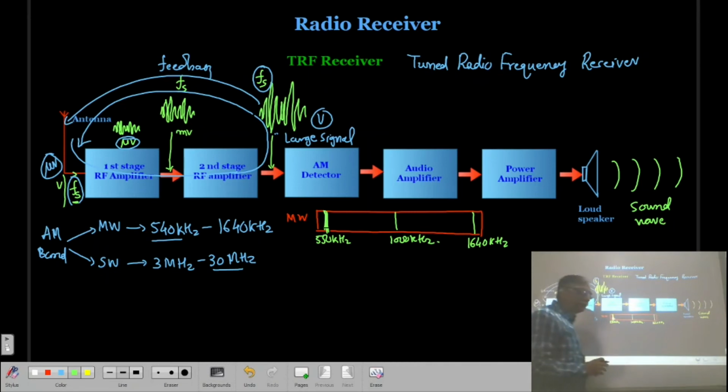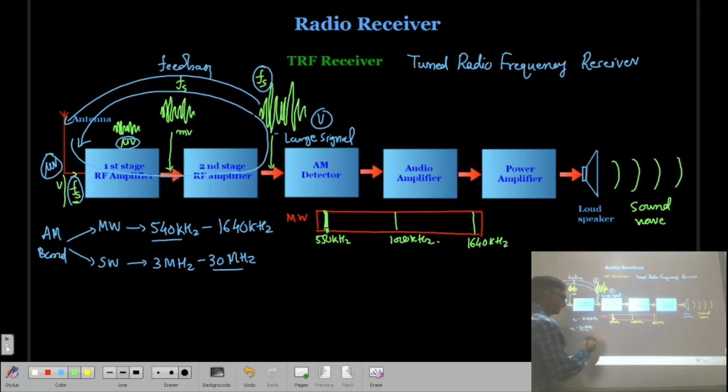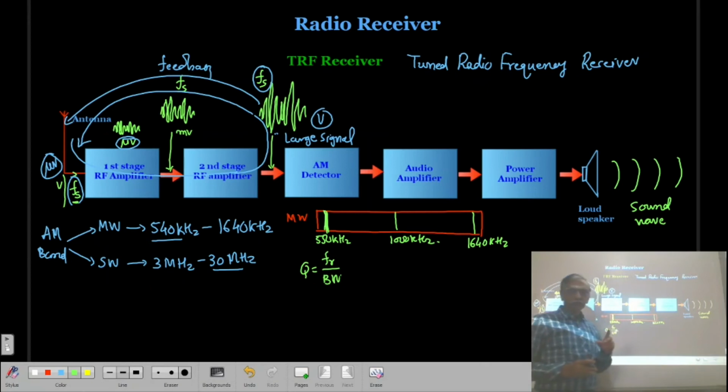If we calculate the quality factor of the tank circuit, then the quality factor is given as, already you know, the resonance frequency divided by the bandwidth. We are talking about the quality factor of a tank circuit because the tuning frequency is going to be changed by the tank circuit or the tune circuit.